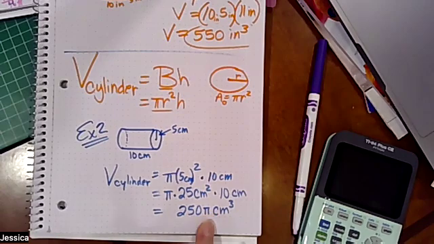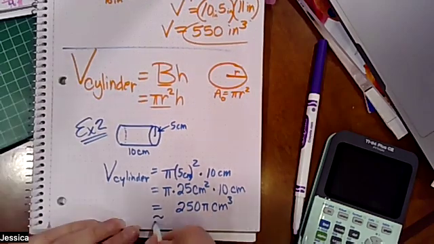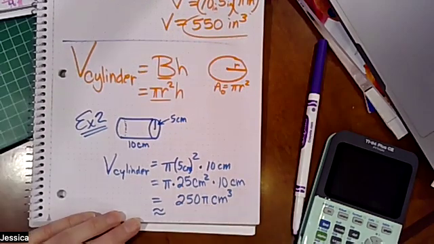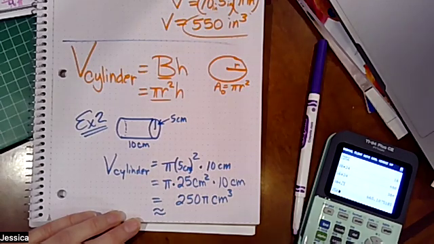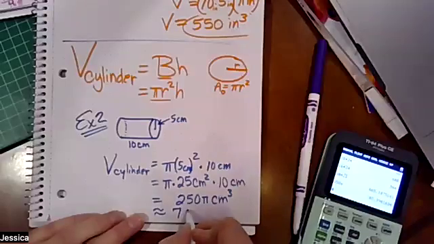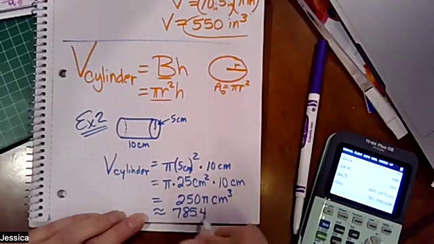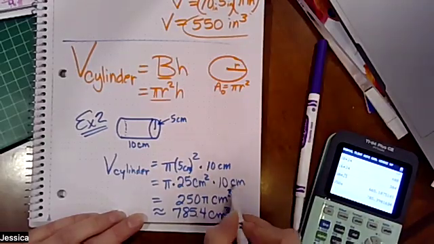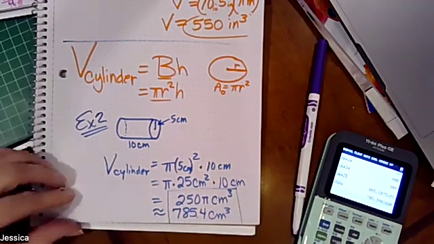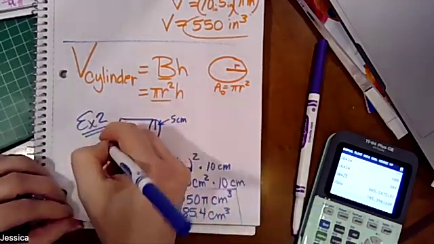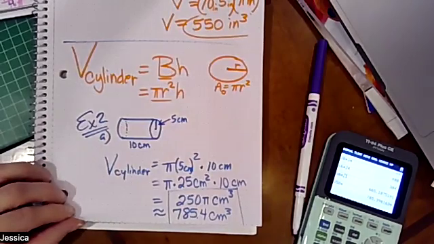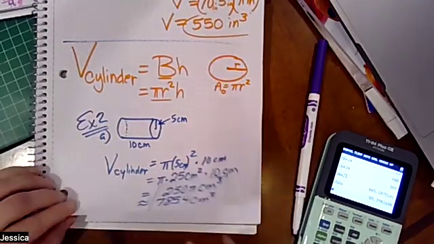So that's one way you could do it. If they ask for to the 10th place, don't forget to put that in. 250 pi gives us approximately 785.4 cubic centimeters. So just whichever one they ask for. Let's say that was A, by the way, because I've got another one. Hopefully that's not too bad.